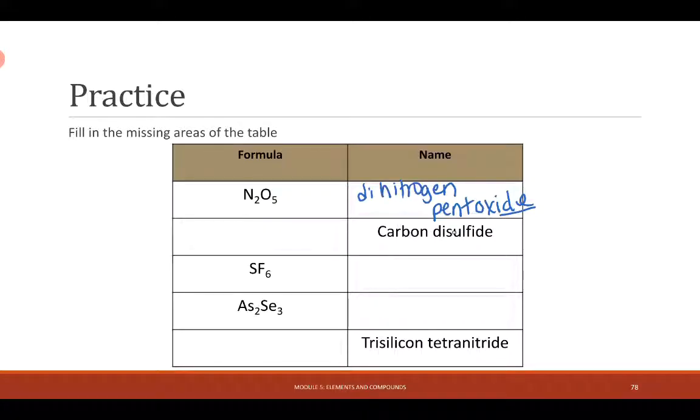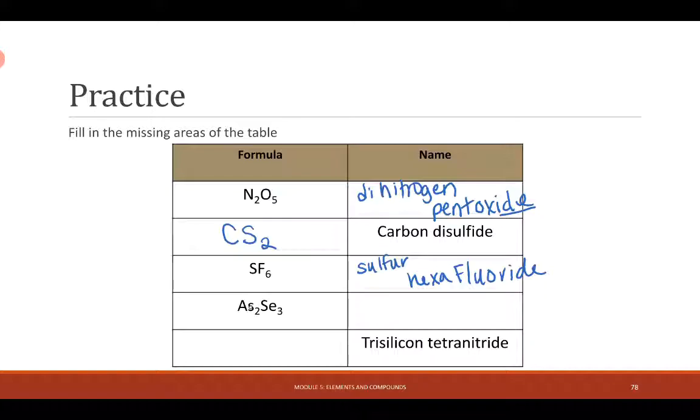This is carbon disulfide, so that means 1 carbon, and then di means 2, so 2 sulfurs. This one is sulfur hexafluoride, because there's 6 fluorines.